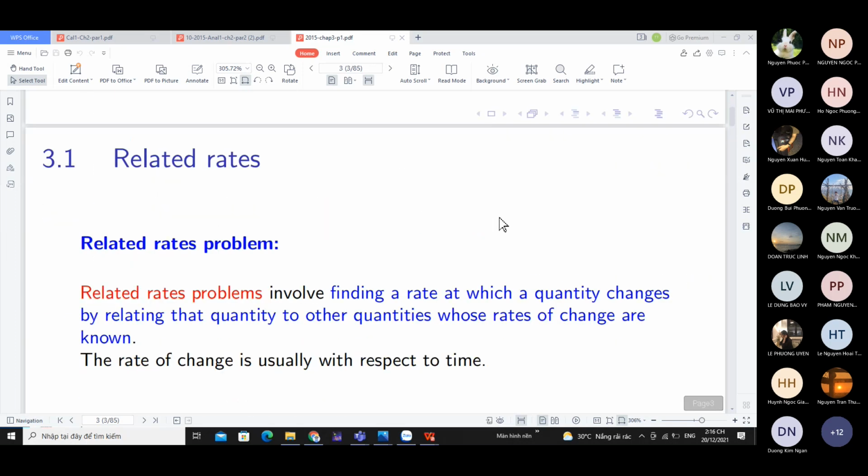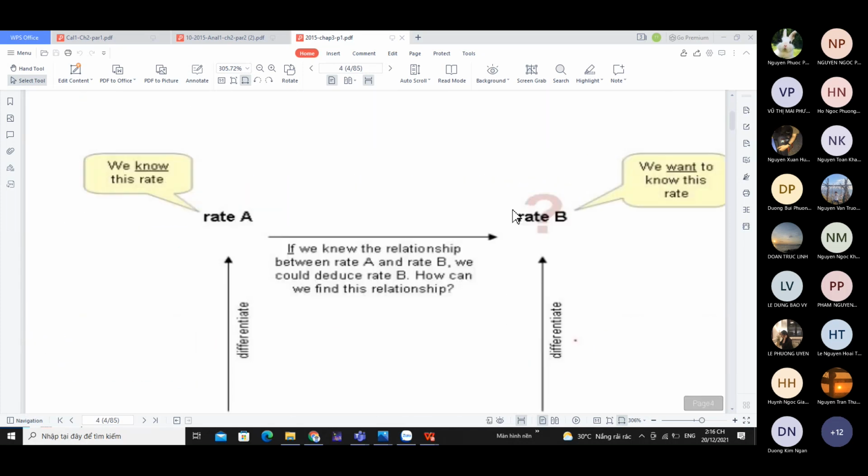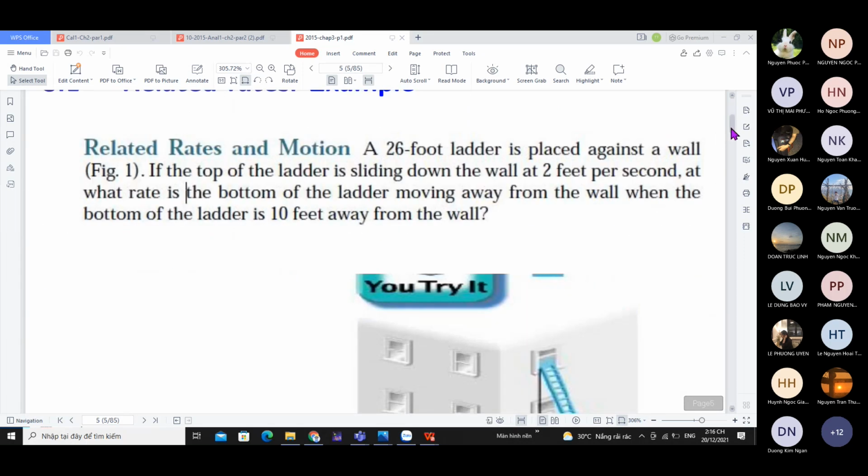All right. First of all, I want to discuss again the problem of finding a maximum value and minimum value of a function of one variable.